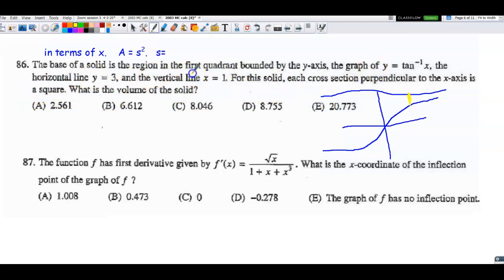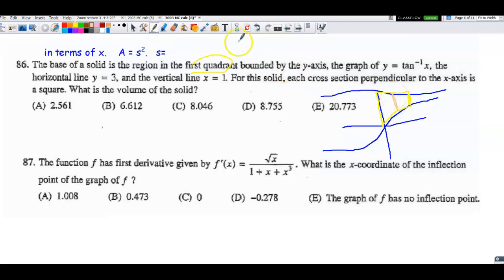but I'm not going to come all the way down because I don't want to confuse you, because the region is in the first quadrant and it's bounded by the y-axis. So the boundary is here, inverse tangent, which is here, the line y equals 3, which I did not draw very straight, which is here, and then this region right here. So we're trying to find the area of this region. And so if the cross sections are perpendicular to the x-axis, then we're going to do a top minus bottom.